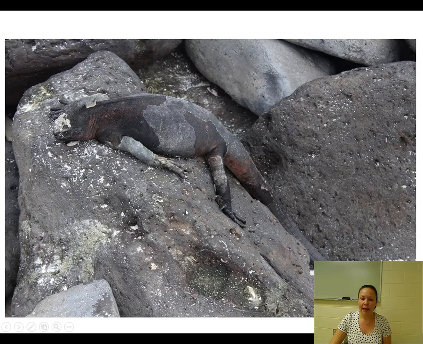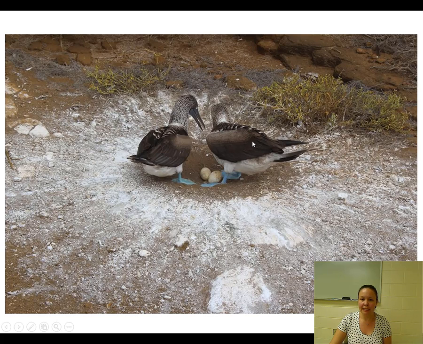when they have eggs, so let me skip ahead, they have eggs, so mom and dad, blue-footed boobies, have 2 eggs here. What happens when the baby boobies are born is that a little while later, they will actually fight to the death. And so they have this instinct to fight in order for one to survive.